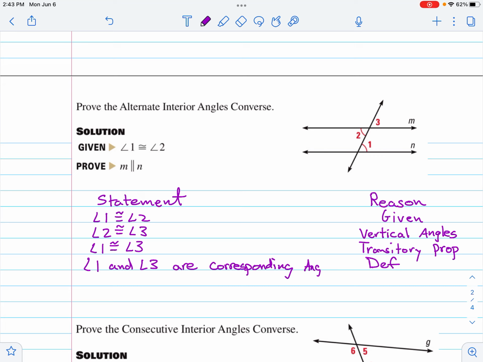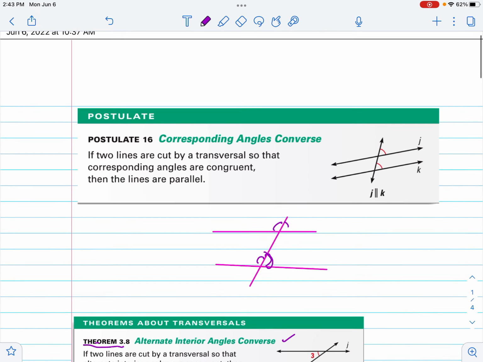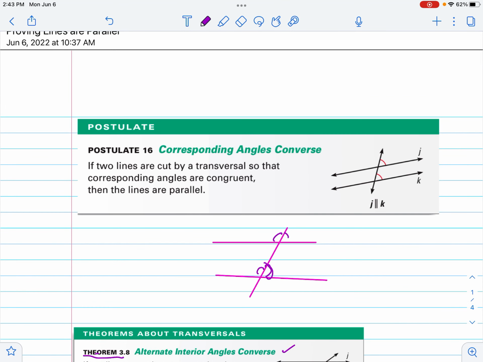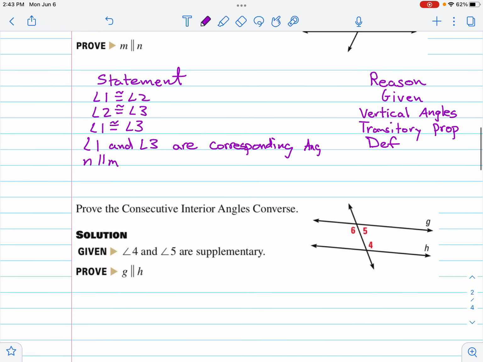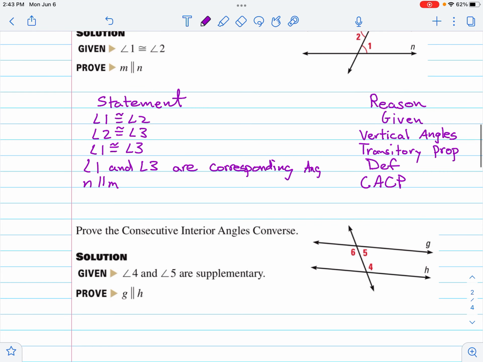Therefore, N is parallel to M by the corresponding angles converse postulate. So I'll just say corresponding angles converse postulate. So there, we've proven that first one.